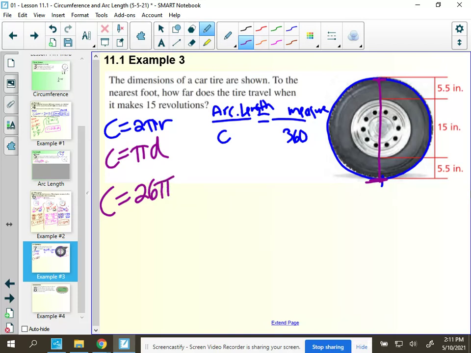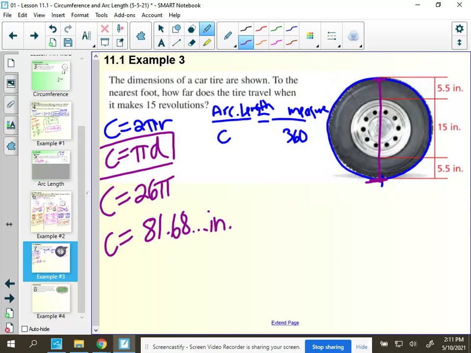So for one revolution, let's multiply that out just so we can put a real number to it. Are we following there? I'm using the pi times diameter formula. So 26 times pi, I'm getting 81.68 on my calculator. That's my circumference, in inches.